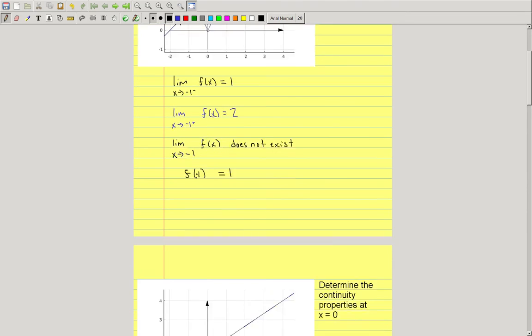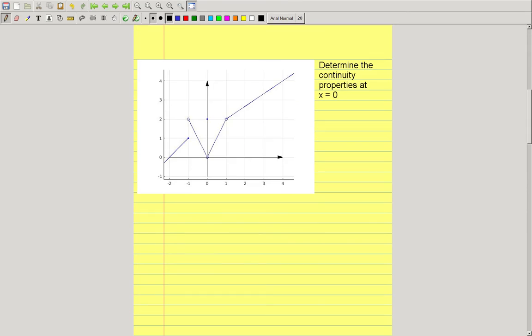All right, let's look at our next value. We want to determine the continuity properties when x is equal to 0. So we start in the same place. We're going to look at the limit as x approaches 0 from the left and come in down this direction.